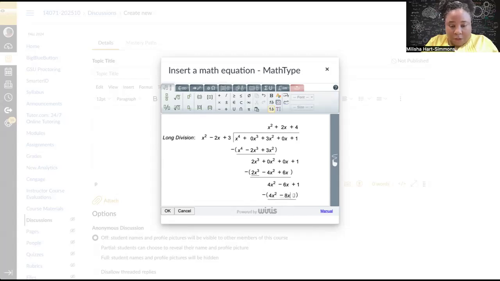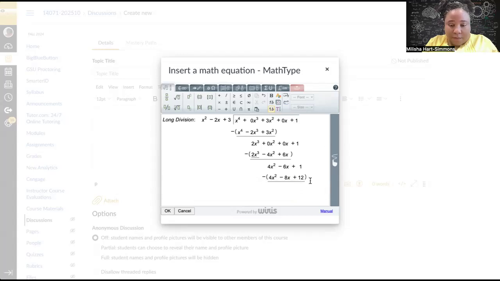Put a space in between everything to keep it nice. And then we have 4 times 3 would be a positive 12. And now we're ready to subtract on the next line.